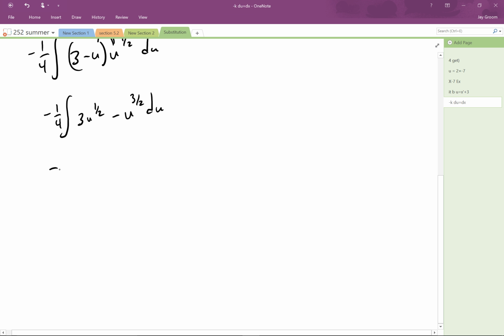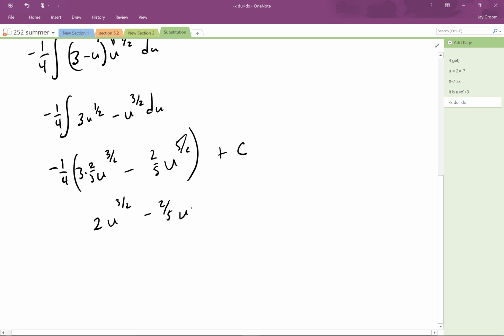Alright, now I can integrate. So, this is u to the 3 halves. There's still a 3 in front of it. So then 2/3. And then this is going to be u to the 5 halves. And then a 2/5. And then a plus c on the end. So this is 2 u to the 3 halves minus 2/5 u to the 5 halves.